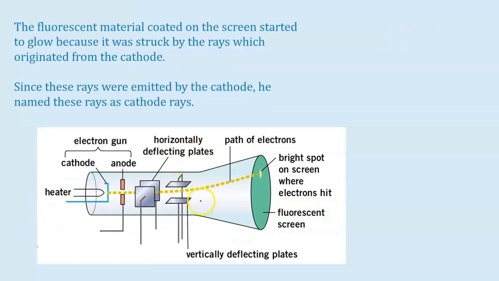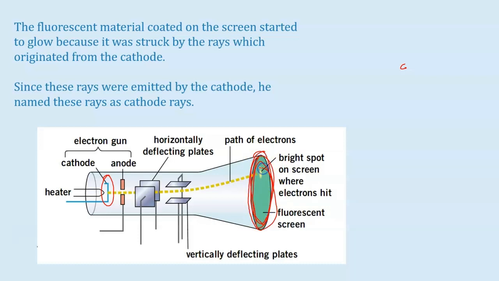So this was the actual setup made for the discovery of the electron. Here they have placed a fluorescent screen. So what is this fluorescent screen? Whenever any particle from the cathode travels and touches it, it will glow.